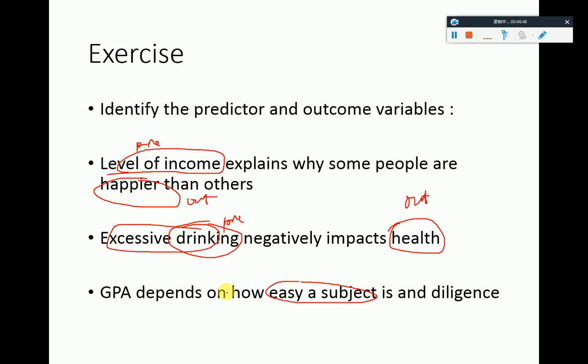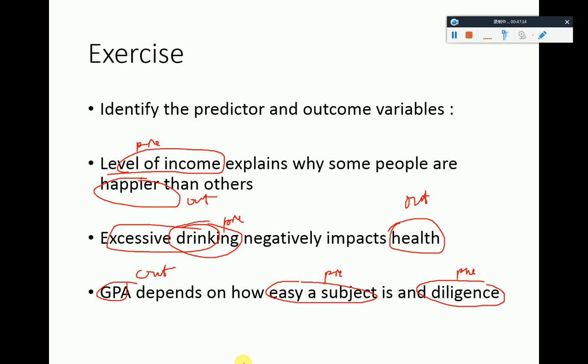That predicts your GPA. At the same time, how diligent you are will explain whether you have a higher or lower GPA. So both easiness of a subject and diligence are the two predictor variables here. And we have an outcome variable here.